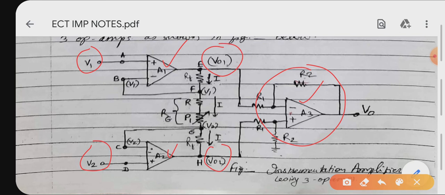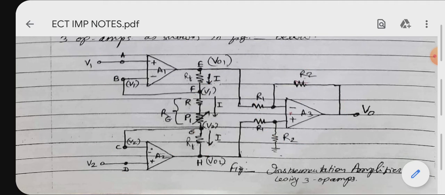Now let us denote some points like A, B, C and D. Suppose E, F, G and H are the different points located. We can denote them here.